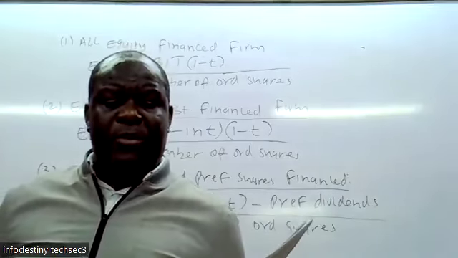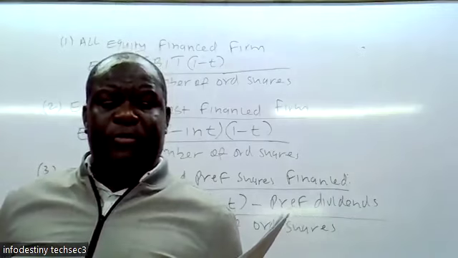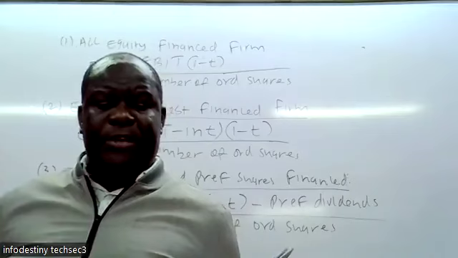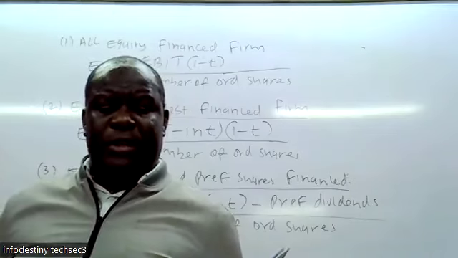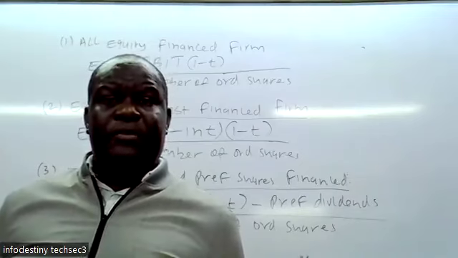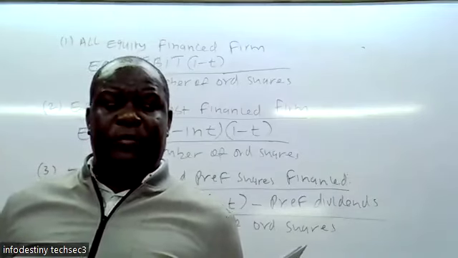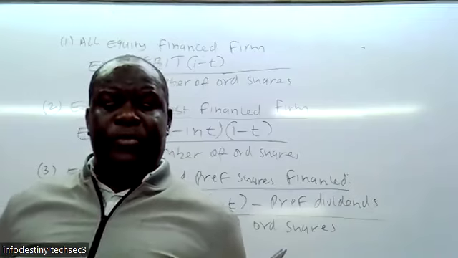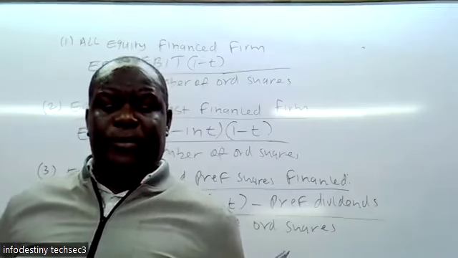The company adopts a 100% payout ratio as its dividend policy. The finance manager intends to raise an additional 20 million to finance an expansion program and is considering 2 alternative financing options.